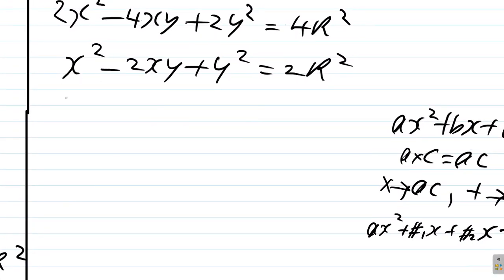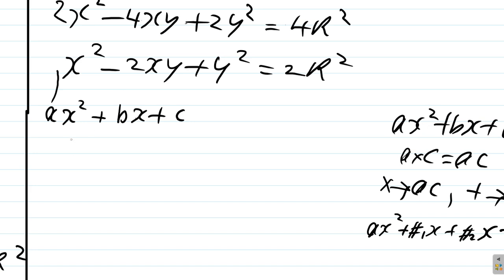In this case, say x is our variable here. We have ax squared plus bx plus c. Now, our A would be 1 because this is 1x squared, right?